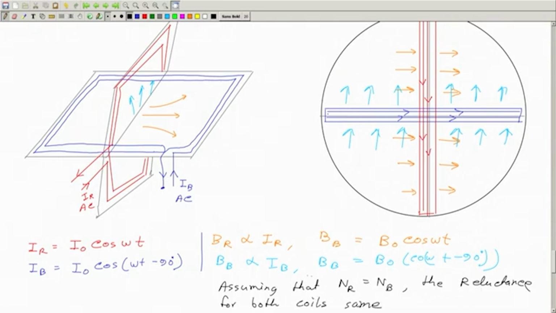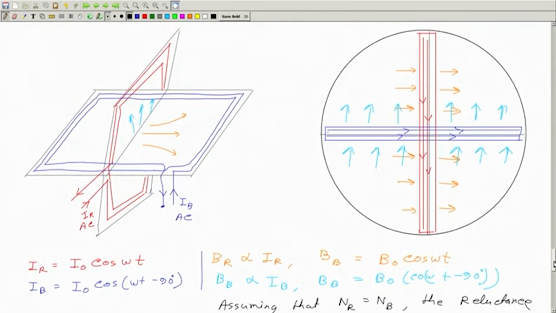So under this assumption, if the magnitude of IR and magnitude of IB are same, I0, then this magnitude will also be same. BR and BB will have same magnitude, B0, but they will be out of phase by 90 degree. Okay. So far so good.